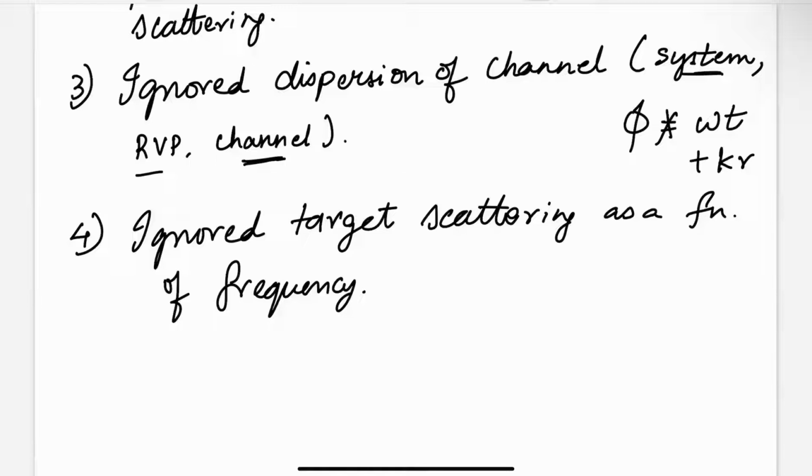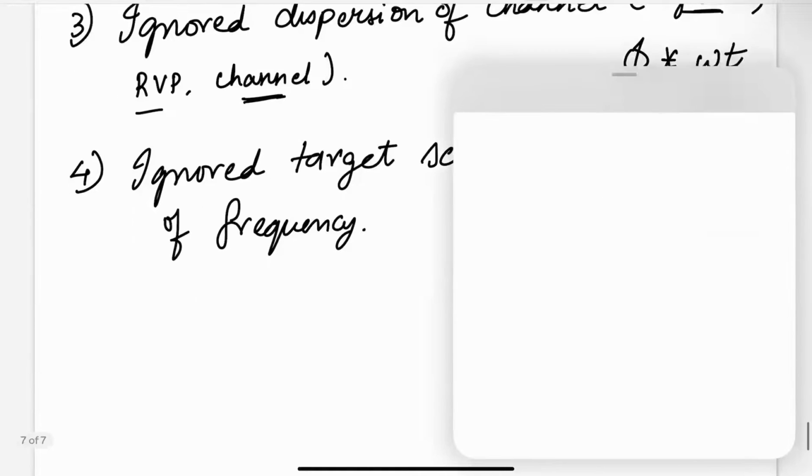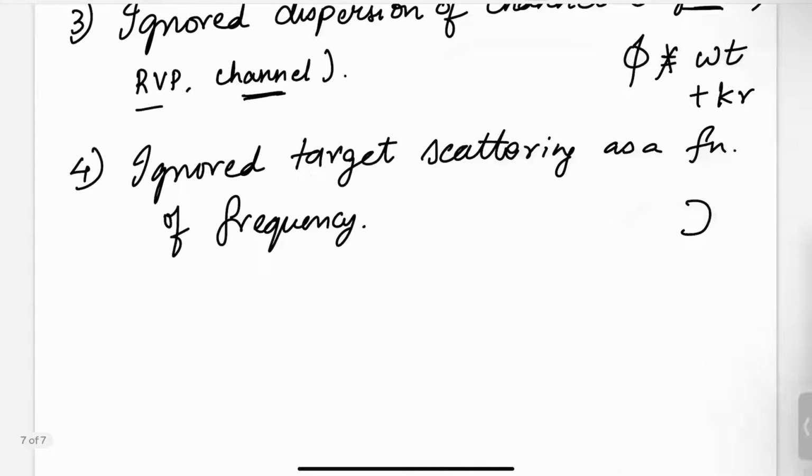So for example, if I have a target with some concave structures, which have some resonances of their own, then your target will not have a backscatter that is linear with frequency. The phase of the backscatter wouldn't be linear with frequency.